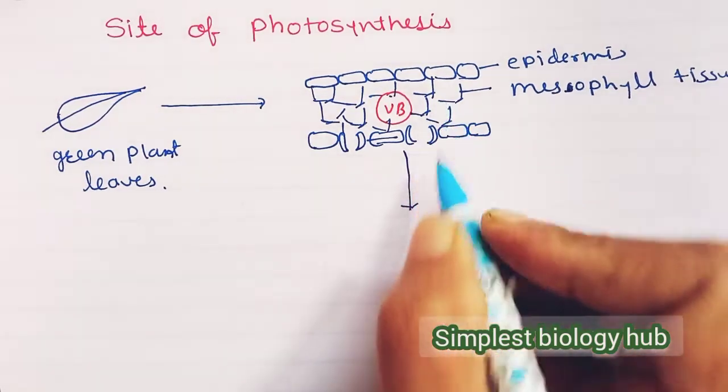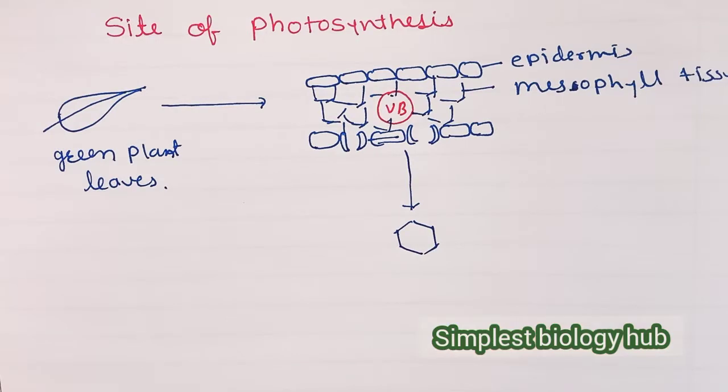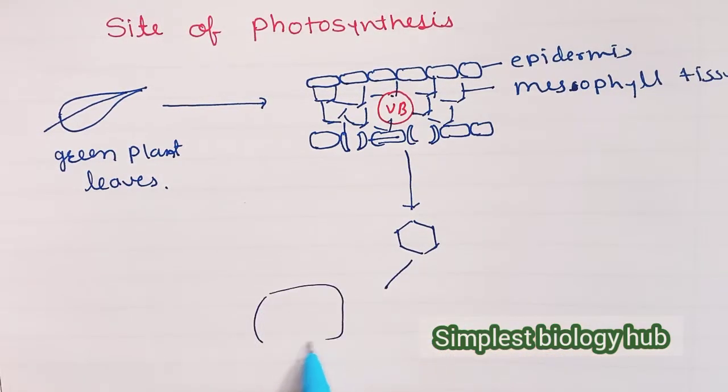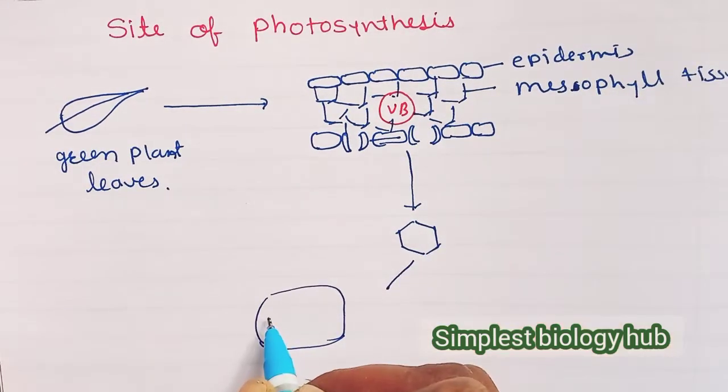So we select one mesophyll cell out of them. This is the mesophyll cell structure.